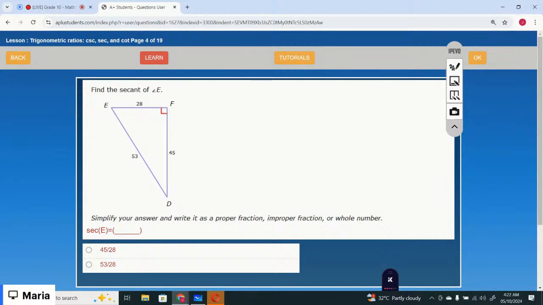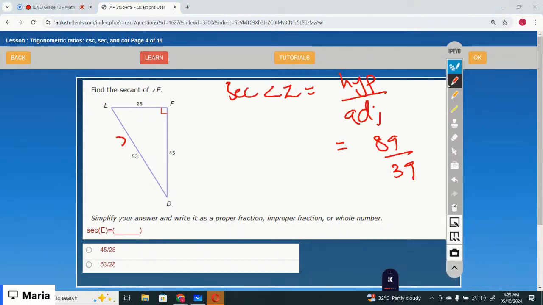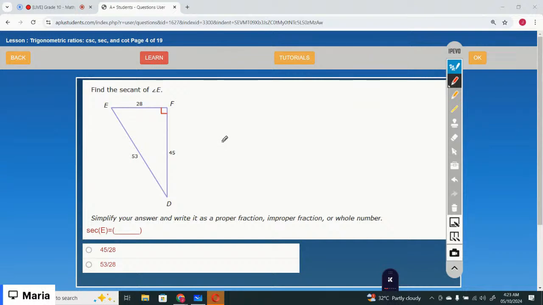Find the secant of angle E. So secant of angle E is hypotenuse divided by adjacent.